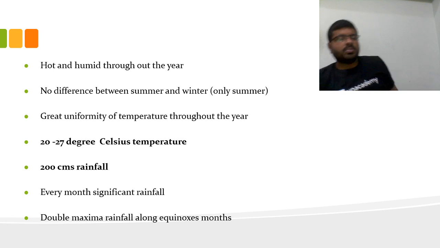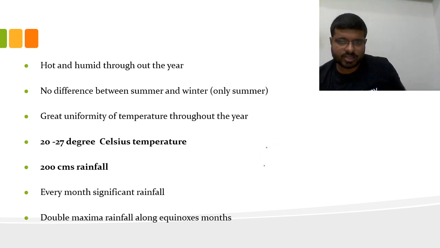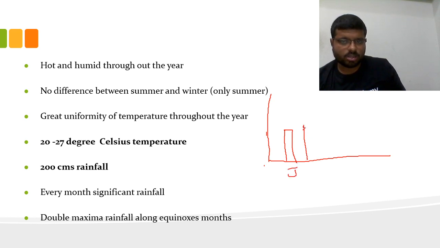Why double maxima rainfall? Double maxima rainfall is around equinoxes. For example, if you have a tabular or graphical diagram of the amount of rainfall you received in every month, this is January, this is February, like that.